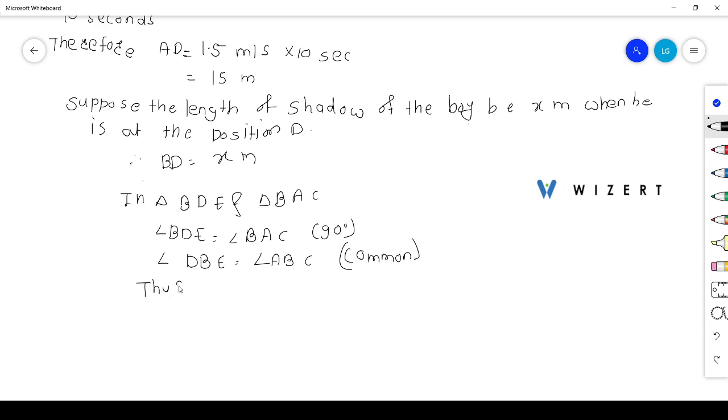Thus, triangle BDE is similar to triangle BAC. This is by AAS criteria.